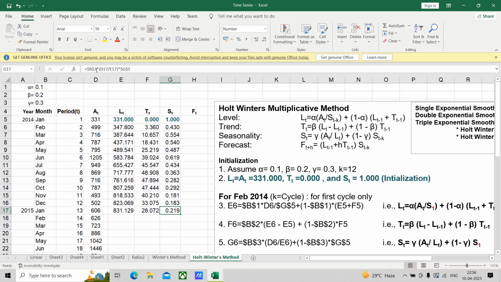So this $B$3 is the value of gamma, and then AT means A13 is D17. You can see here it is already D17, and divided by LT. LT is this E17, and E17 is present in the formula for this cell.